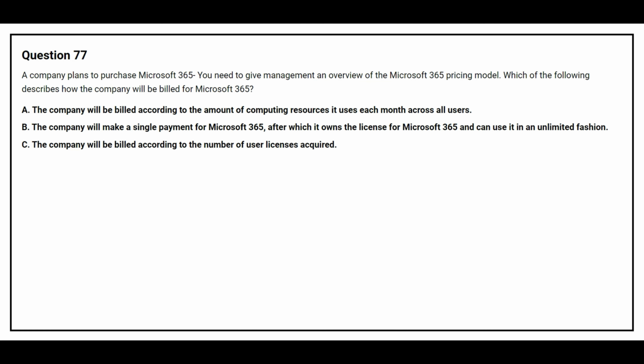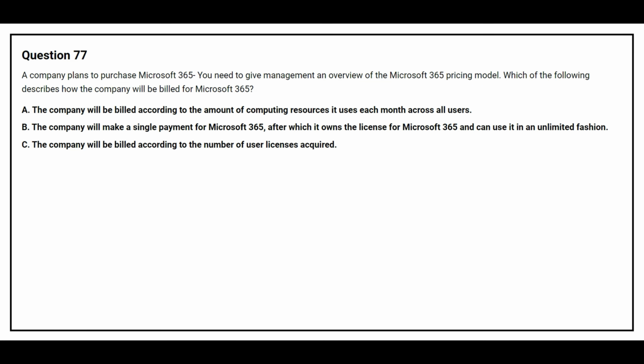Question number 77. A company plans to purchase Microsoft 365. You need to give management an overview of the Microsoft 365 planning model. Which of the following describes how the company will be billed for Microsoft 365? Option A. The company will be billed according to the amount of computing resources it uses each month across all users.